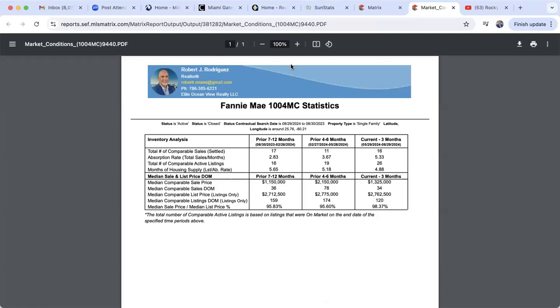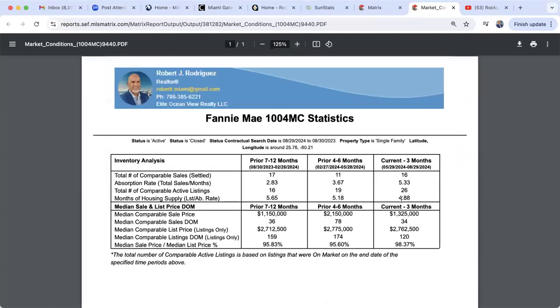And now we're looking at stats in a particular area of the map that we drew. All right, so if you look at the numbers, in this case, the months of inventory is decreasing. We were at 5.5 months, 5 months, now just under 5 months of inventory. Okay, and prices here are also reflecting somewhat of a balanced price. You know, we did shoot up to almost $2.2 million, but now we're back to 1,325,000.